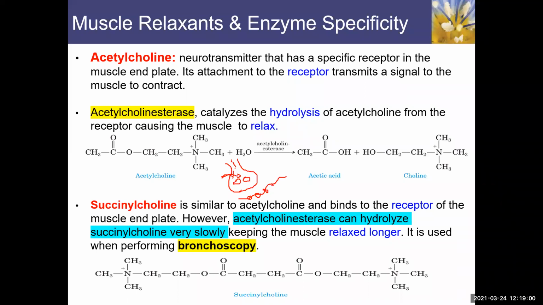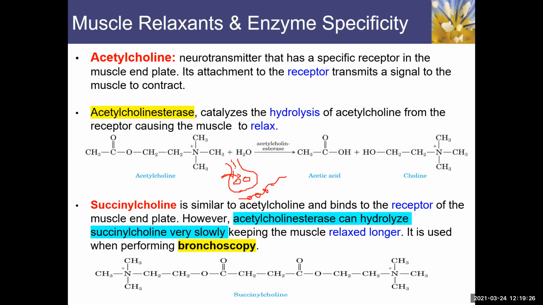We discussed that. And if you remember, how do all these things end when the muscle has contracted? Now we want the muscle to relax. What must be degraded to make the muscle relax at the neuromuscular junction? We need an enzyme.